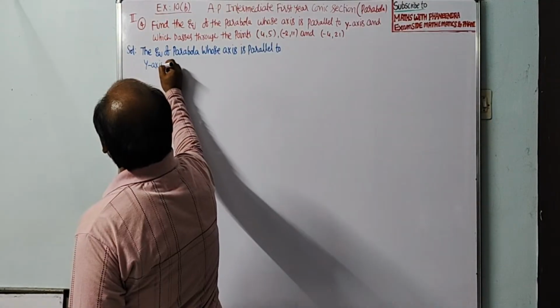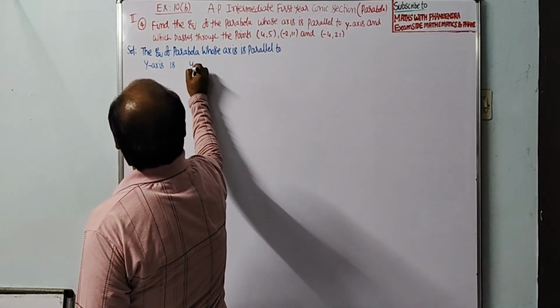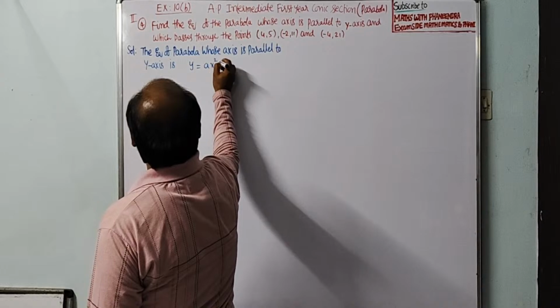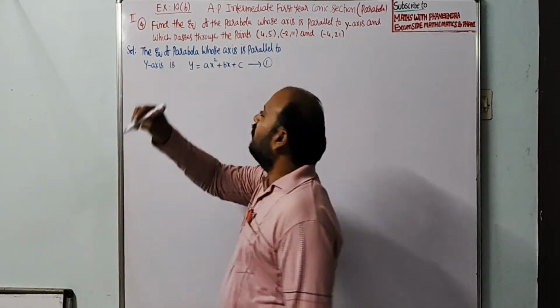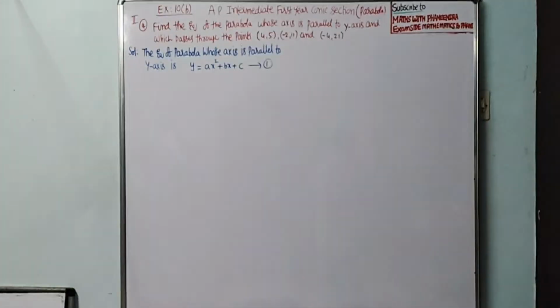It is y is equal to ax square plus bx plus c. Keep that as equation number 1, dear students. Parallel to x-axis means x is equal to ay square plus by plus c. Now parallel to y-axis means y is equal to ax square plus bx plus c. Okay, dear students?